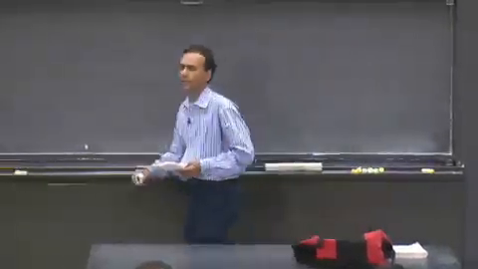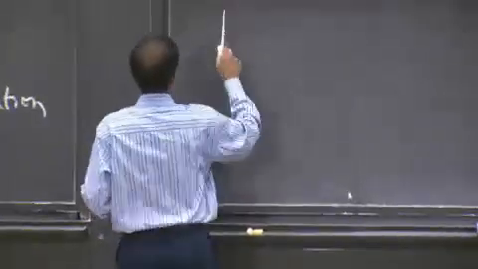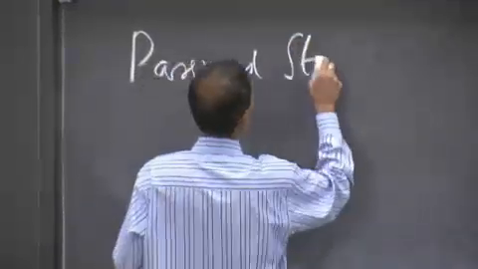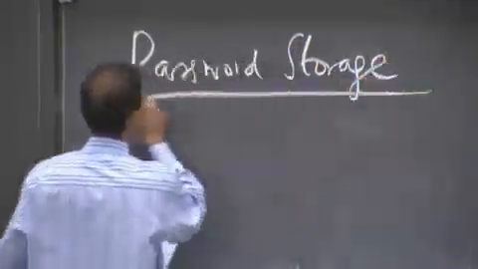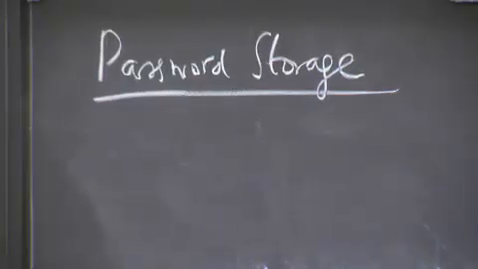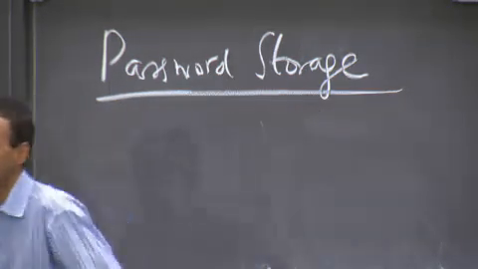So maybe the best way of motivating this is through an example. Let's talk about an example that is near and dear to every security person's heart, and probably to people who aren't interested in security as well, which is password storage. Think about how Unix systems work when you type in your password.